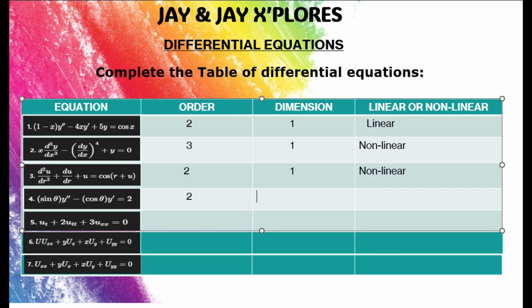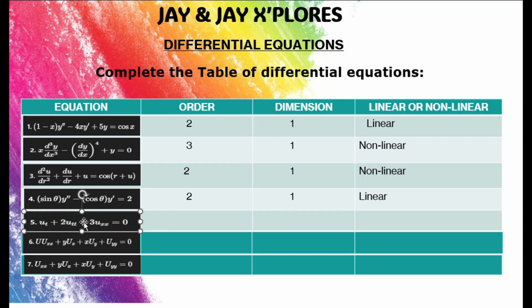The order is 2. That was y prime prime. For our dimension, it was y of theta, the number of independent variables. And for linearity, the equation was a linear equation.